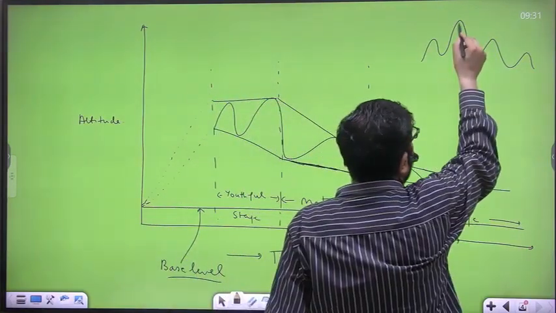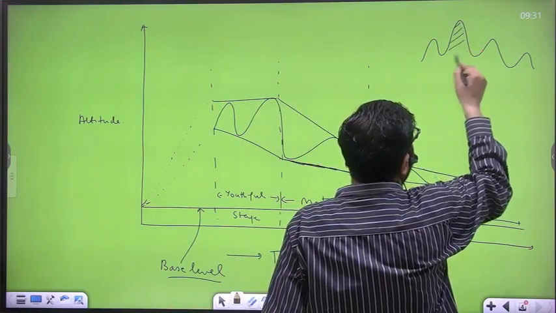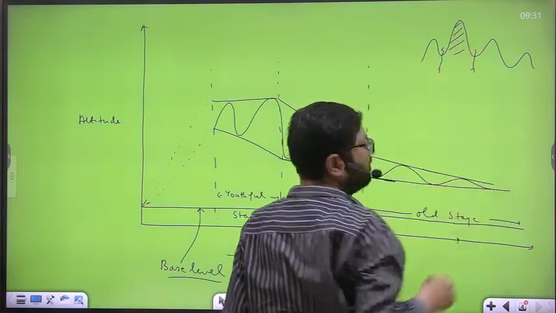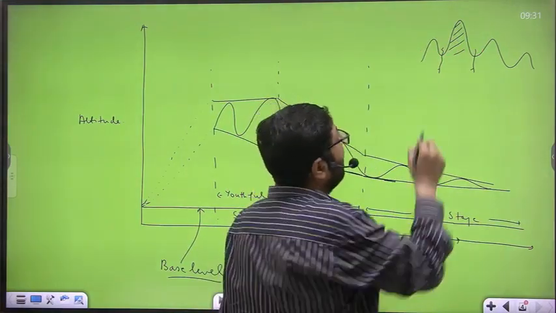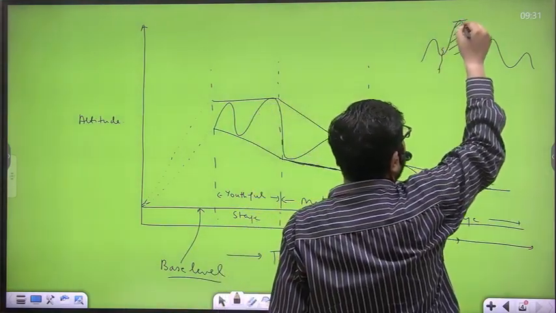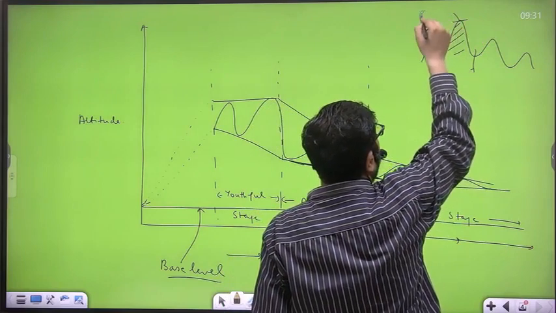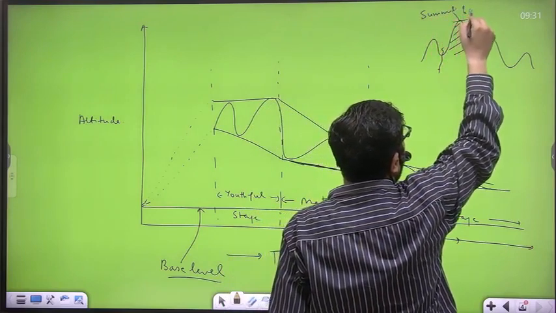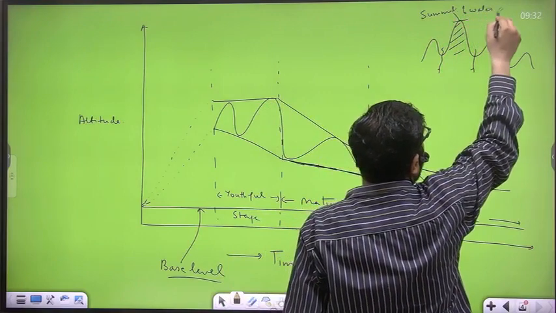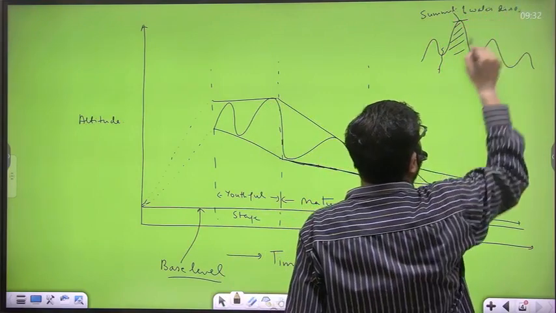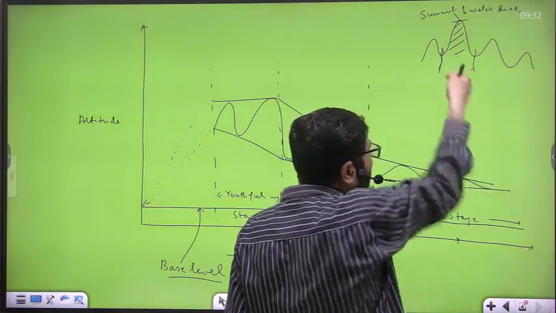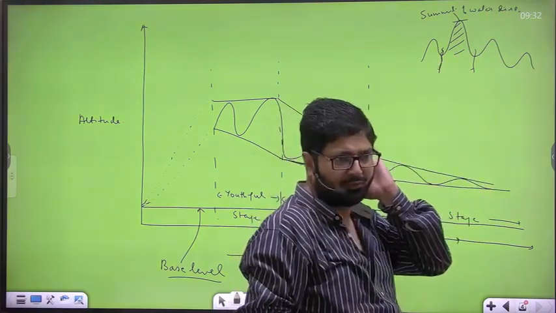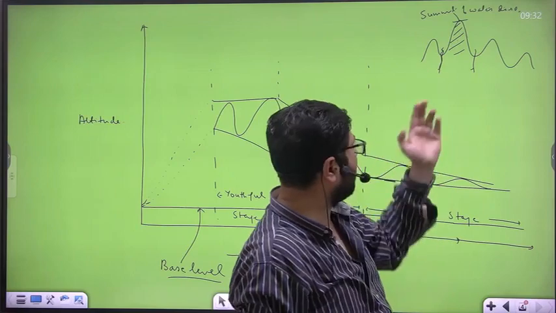The area that lies between two river valleys is known as water divide, and the top of the water divide is known as summit of water divide. And these are valleys. The river is coming out of the blackboard.